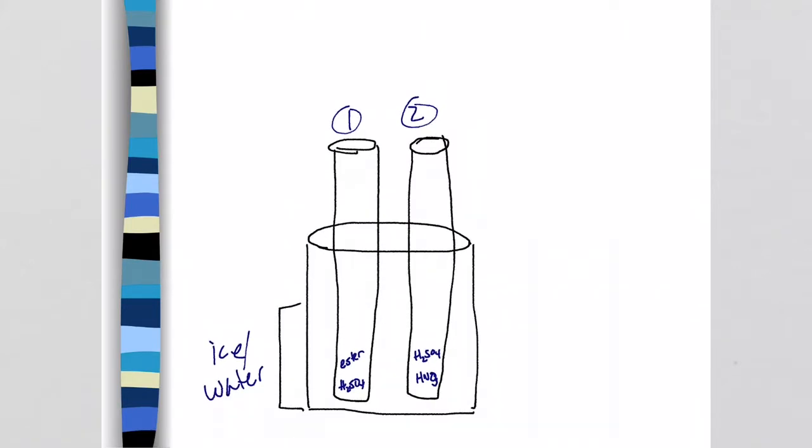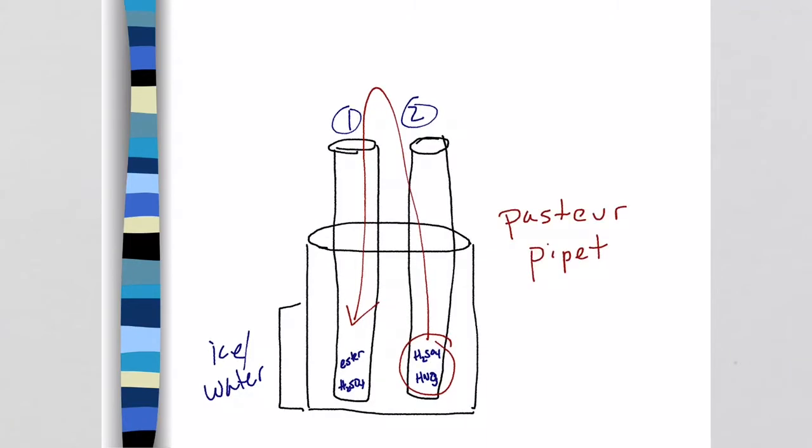Then you are going to take a pipette and slowly add this mixture to the ester and sulfuric acid mixture so that the reaction can happen.